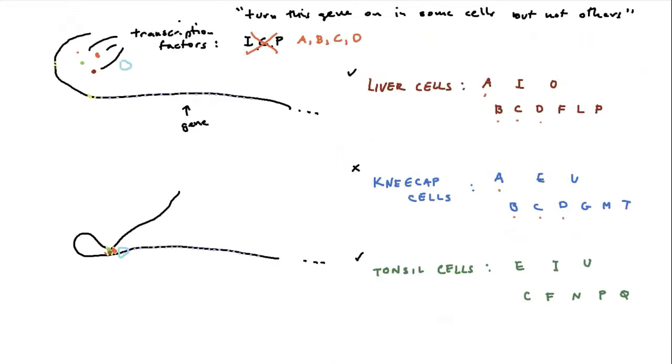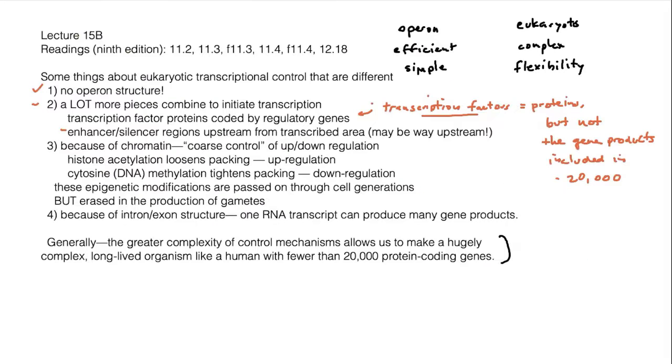So let's go back to our main page here. Chromatin, coarse control, histone acetylation, upregulation, cytosine or DNA methylation causes downregulation. Done with that.